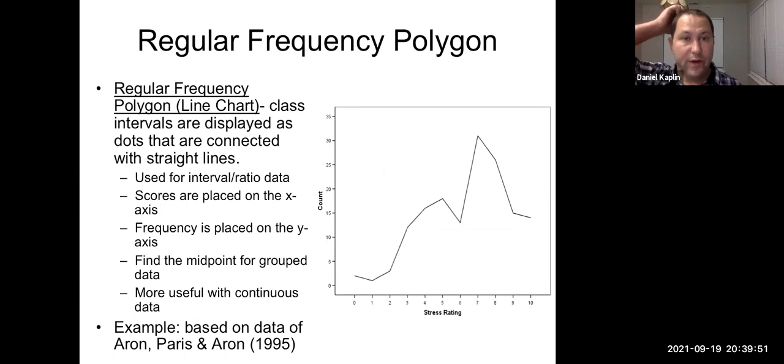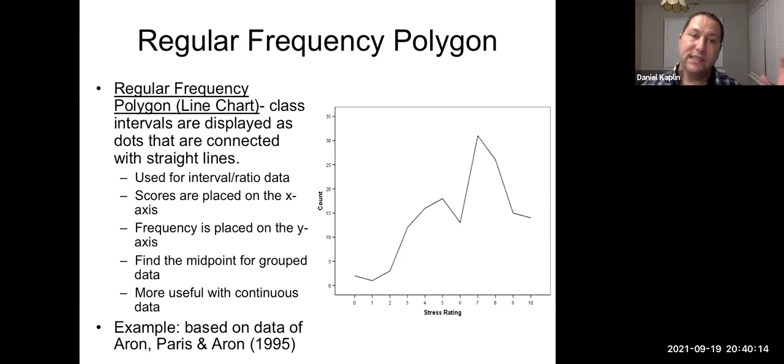Now, so we have our frequency polygon, which is instead of using a bar graph, right? So we talked about those stress data, right? So the bar graph, it was, pardon me, the stress data was a histogram, right? How many people said 0 stress level, 1, 2, 3, 4.